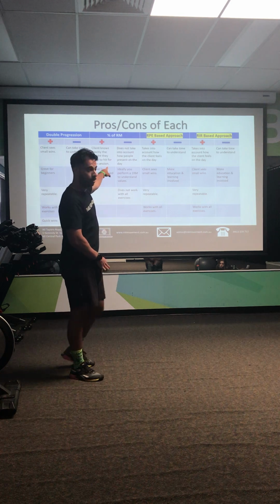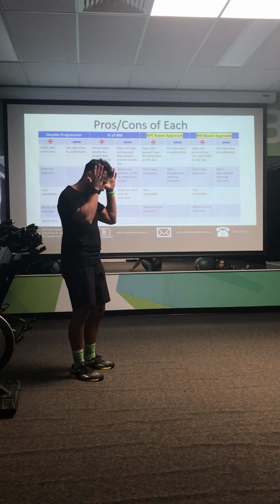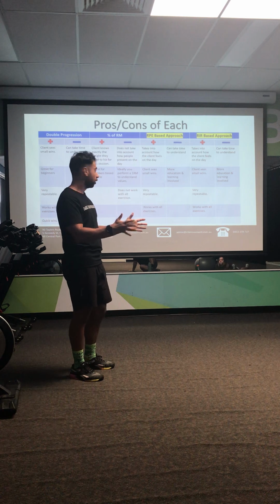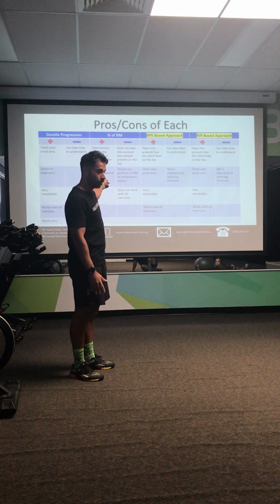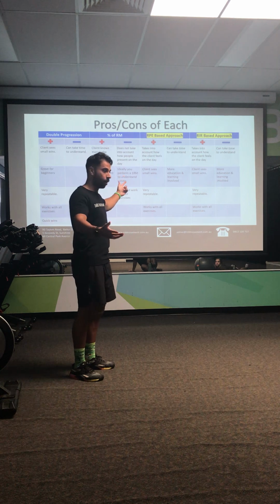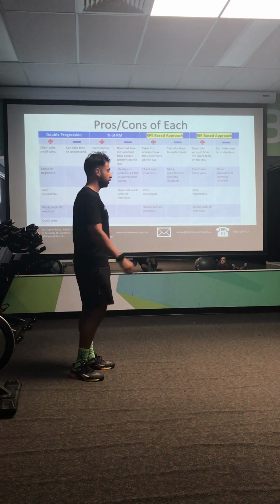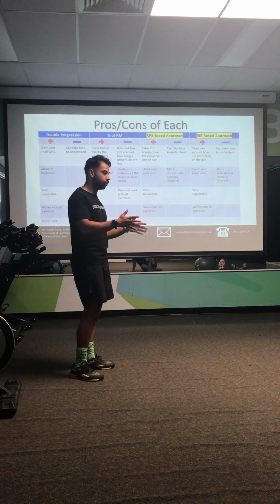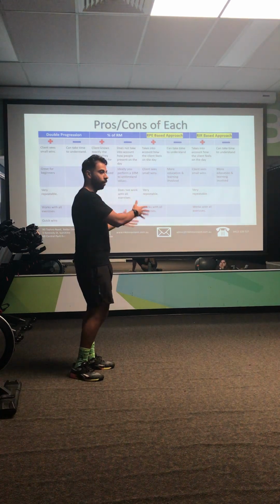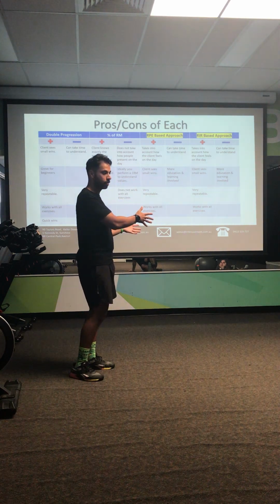For this percentage RM to work as it's meant to, ideally you perform a 1 RM to understand their values, right? So if I want you to work at 70% of your 1 RM for a dumbbell shoulder press, in theory, you should have performed a 1 RM dumbbell shoulder press, right?